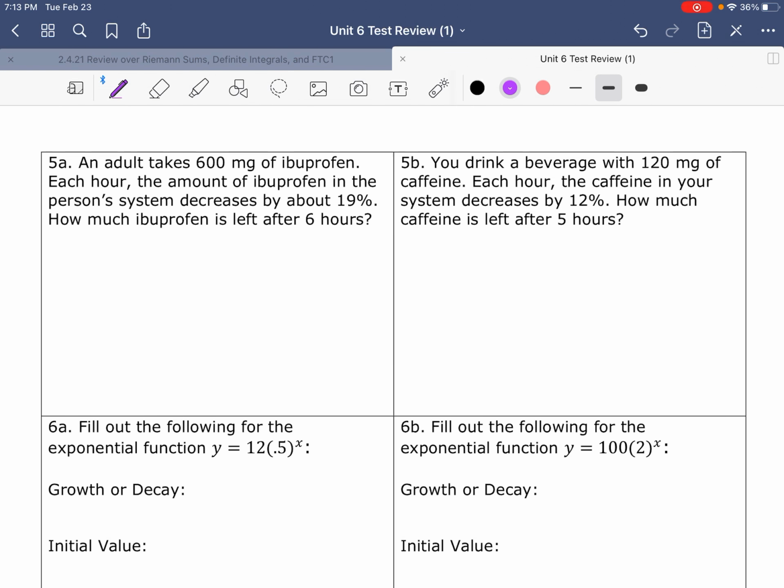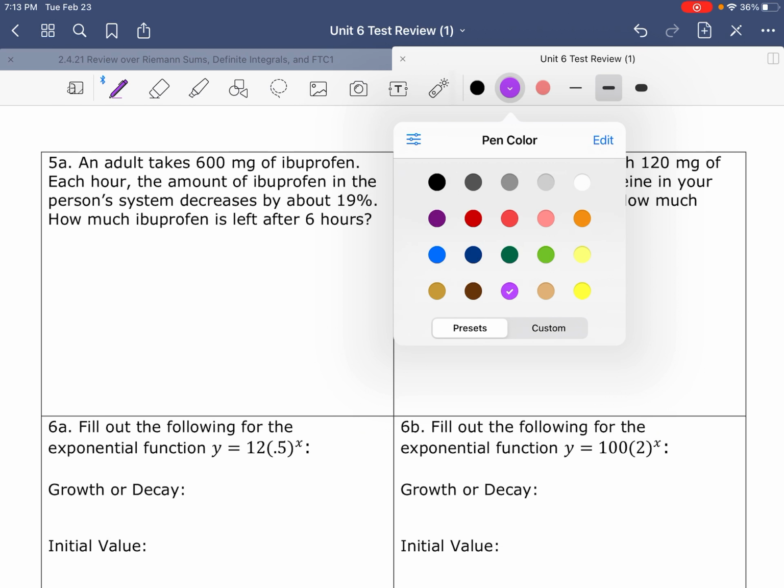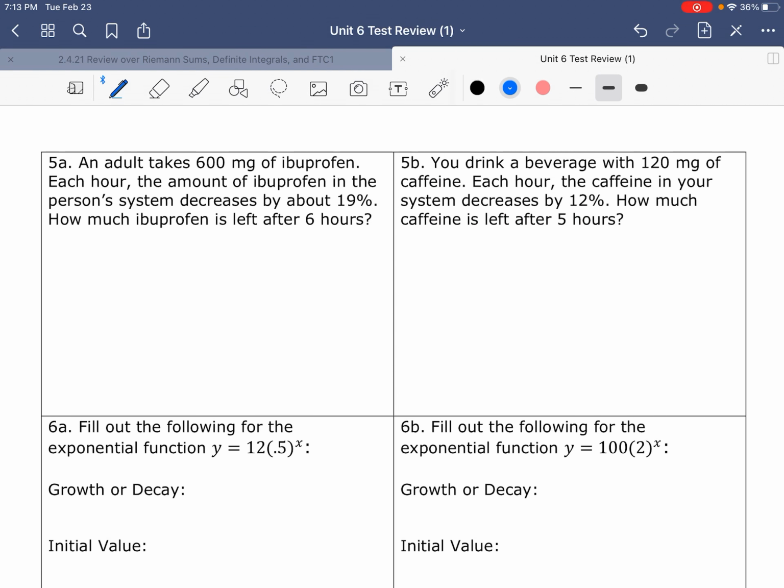So for A, an adult takes 600 milligrams of ibuprofen. Each hour, the amount decreases by 19%. How much ibuprofen is left after 6 hours? So let's look at this one. It's going to be another growth or decay problem. So I have y equals. The first thing we need to find is our initial amount.